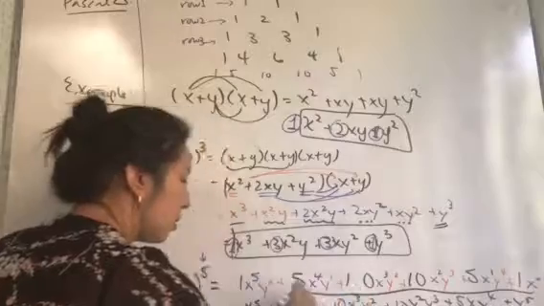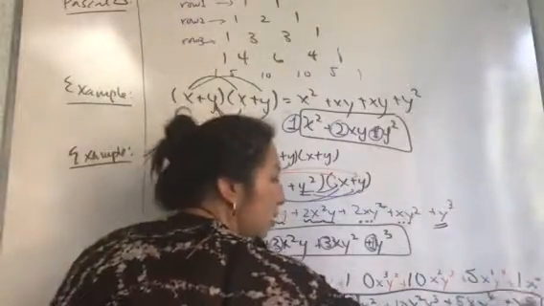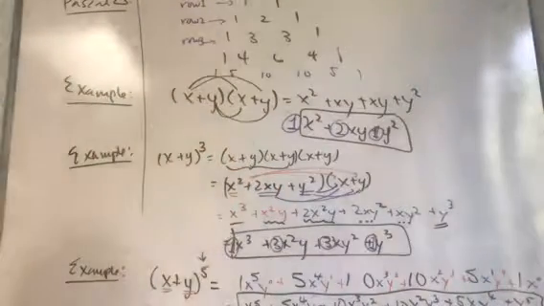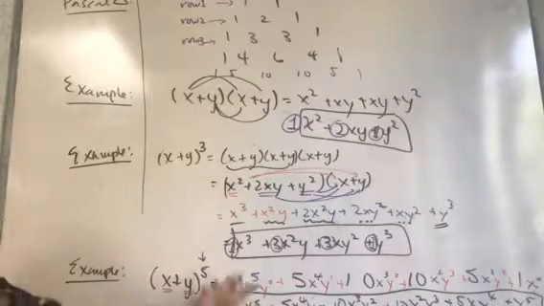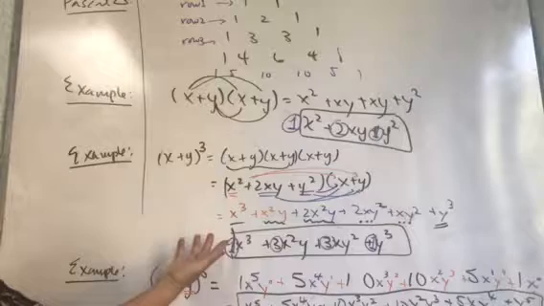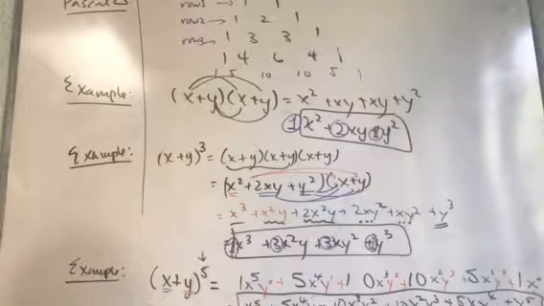And this is a 2-line process of figuring out a 5th degree expansion, but only using 2 lines versus having to do something like we did for x plus y to the 3rd.